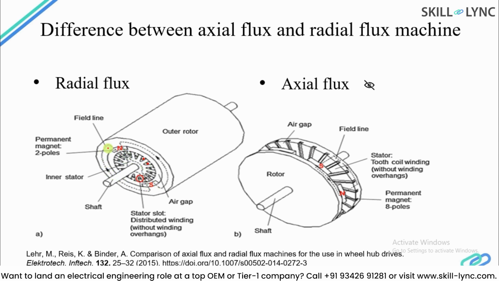So this is a simple construction of a radial flux machine. The direction of the flux is given as this dotted line. So this black dotted line starting from N pole to S pole basically figures out the radial flux machine.